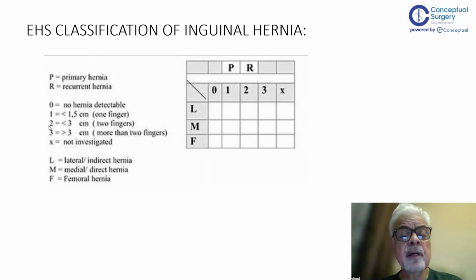Other than that, as I mentioned, these classifications only have utility when you are comparing the results of surgeries in two different sets of procedures. And when you compare, you have to have groups which are similar.